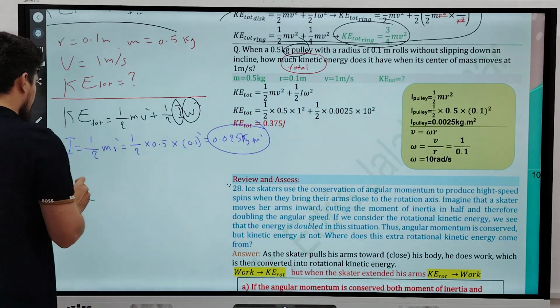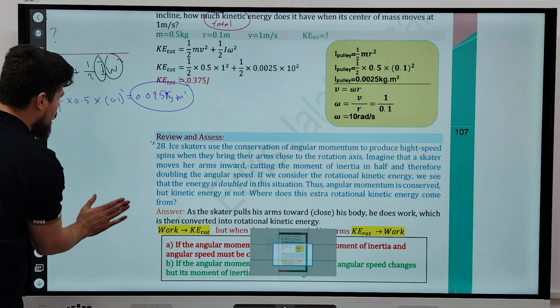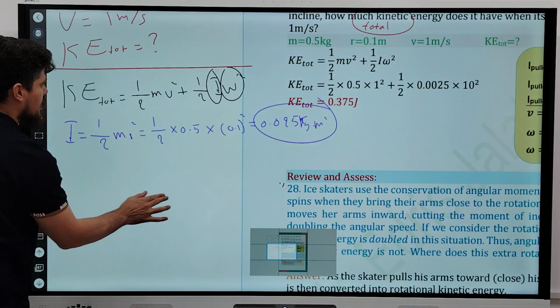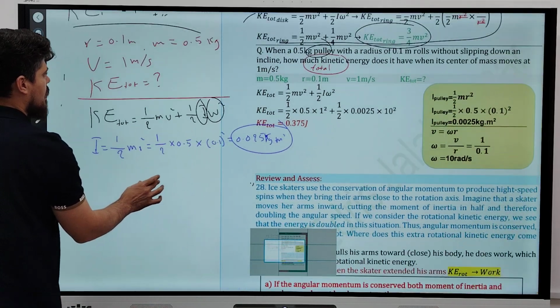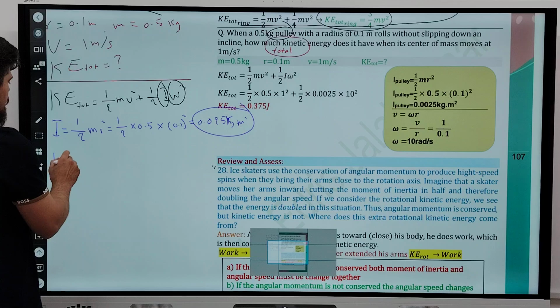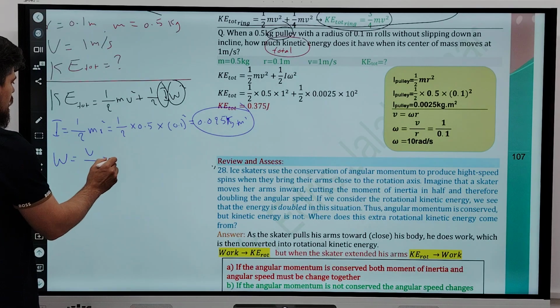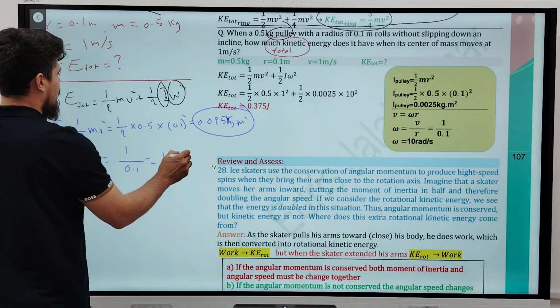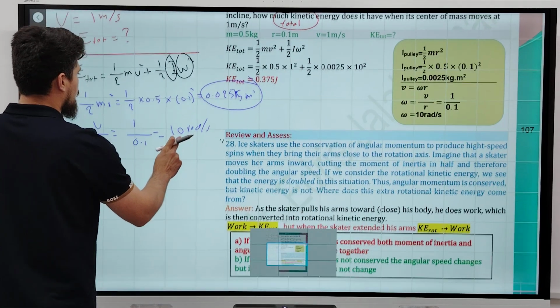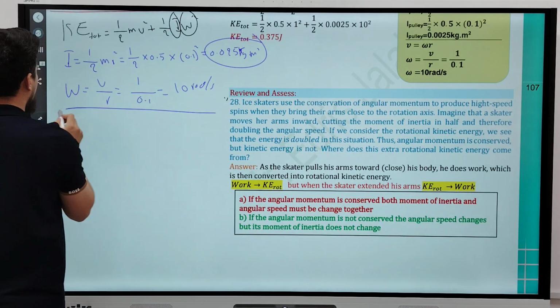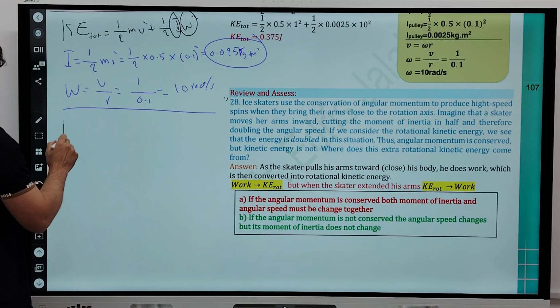This is I. So what about the omega? Omega is equal to v over r, 1 over 0.1, which is equal to 10 radians per second. Okay? So now replace into this equation to find the total kinetic energy.